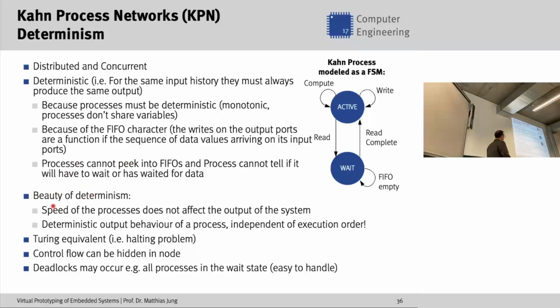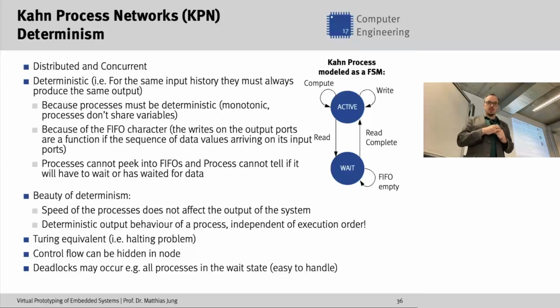And yeah, it's really a beautiful thing that you will see in the example, that it really doesn't matter in which order you execute the processes. At the end, you will always get the same result. And this makes it really powerful to model such a concurrent system also with a serial simulator, basically.